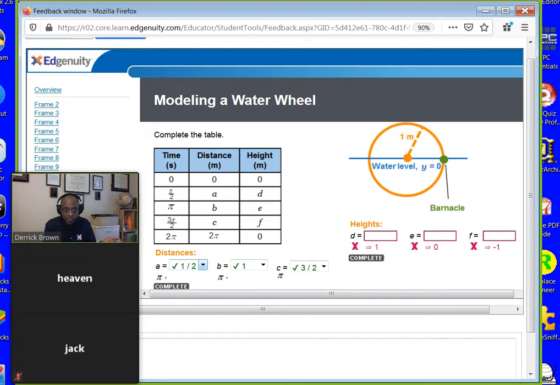It's important to note that this is 1/2 times pi. But if you don't know that, you might not even see pi down there. A is 1/2 pi. B is pi, or 1 pi. C, which is this point, is 3/2 pi, 3 pi over 2.